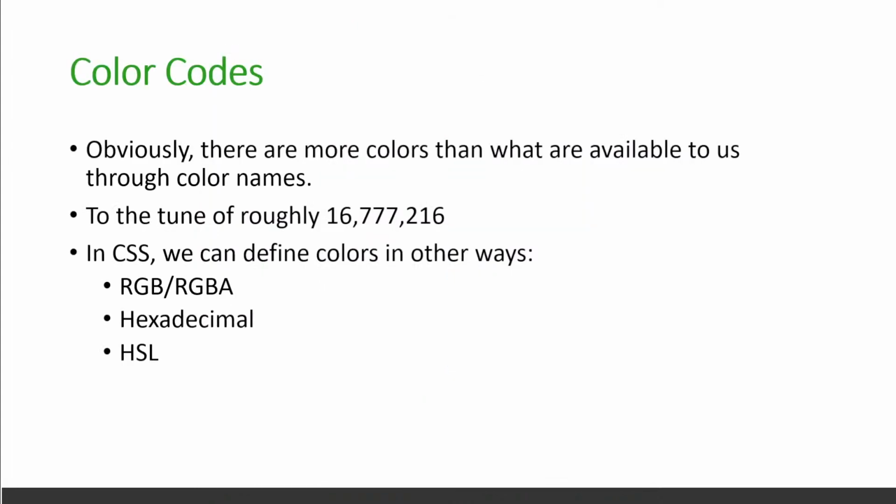So in terms of color, there's actually 140 named colors, but over 16 million colors that we can represent in CSS. And we can do them in a whole bunch of different ways. In future classes, we talk about RGB or RGBA and HSL, or hue, saturation, and lightness colors. However, for the purpose of this class, we discuss hexadecimal colors.